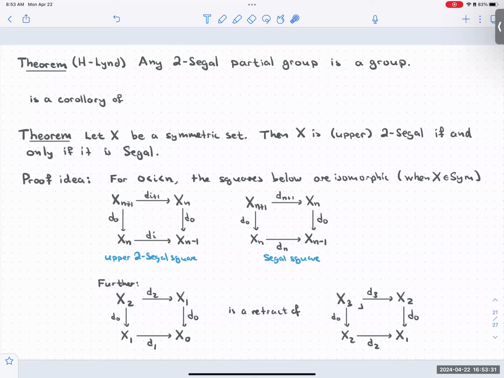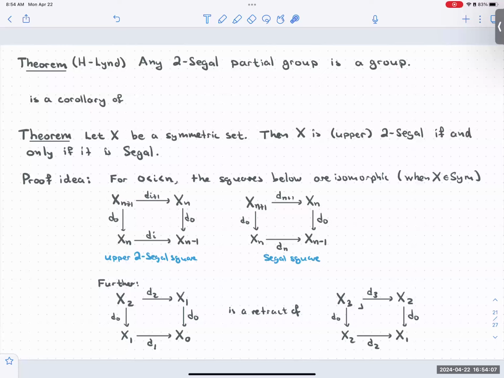There's no spiny here. So this is even more general than partial groupoids. Then the theorem says that X is upper 2-Segal if and only if it is actually Segal.